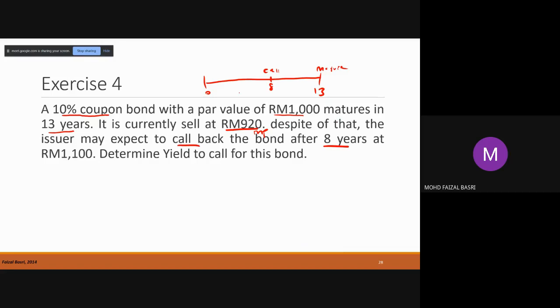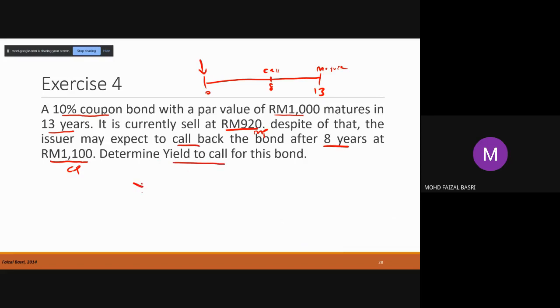And there's no indication that it was issued a long time ago. It doesn't mention it was issued 2, 3, 4, 5, 6 years ago, so we're going to assume it's issued now. And the call price is RM1,100, because they will call back after 8 years at RM1,100. So determine the yield to call, or YTC, for this bond.